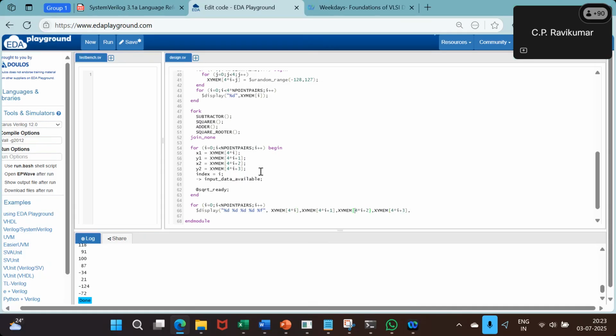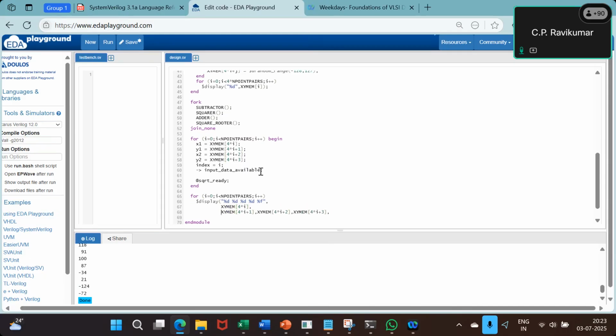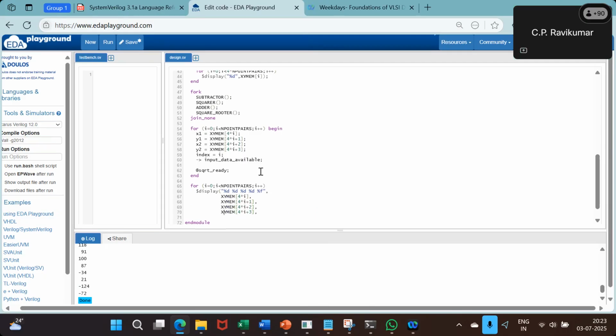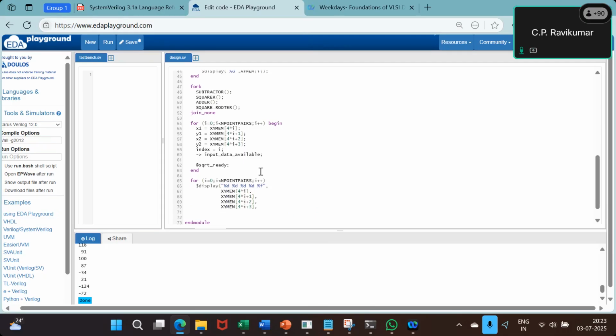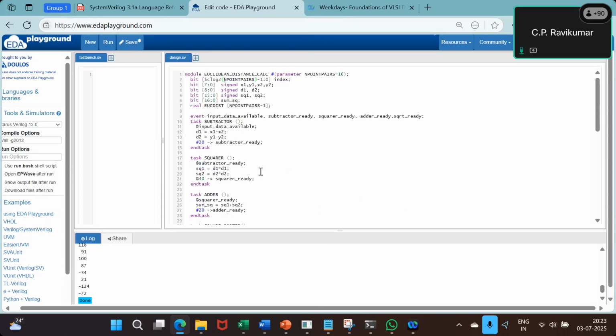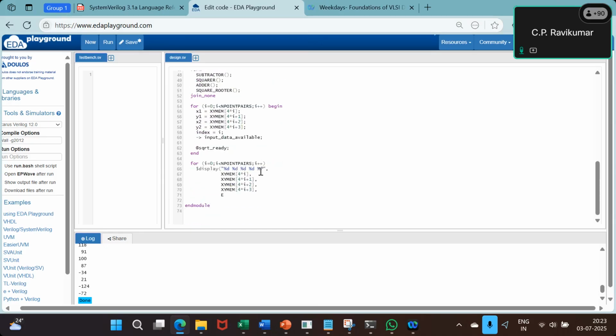Right. So these are the four numbers or the point values. And finally, the distance that was calculated. What is it called? Euclid something. Euclid or something like that. Okay.